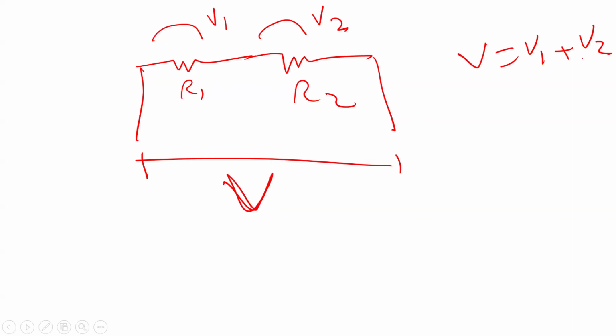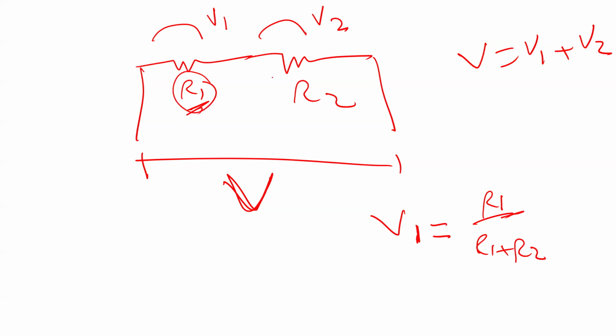Yes. Okay. But in what ratio is it going to be divided? I'm going to tell you the ratio. Actually, in the slides I will show you a very simple proof. The ratio is: V1, the voltage drop across R1, is R1 divided by R1 plus R2, times V. So this is the ratio of R1 to the summation.